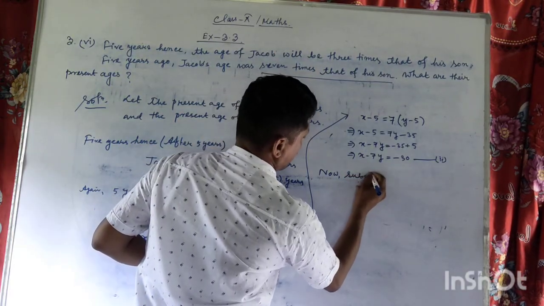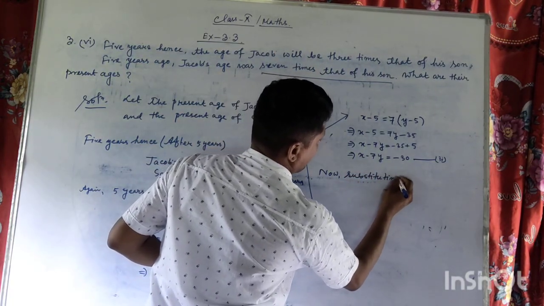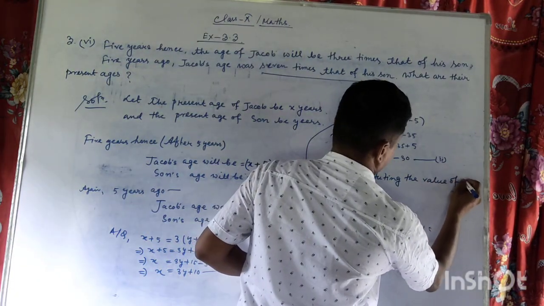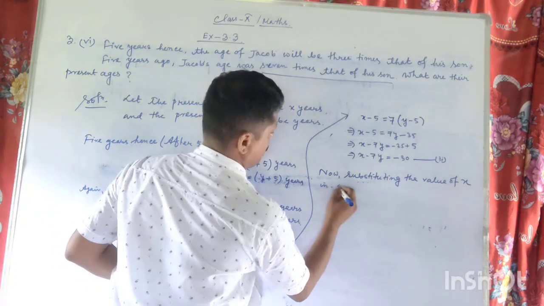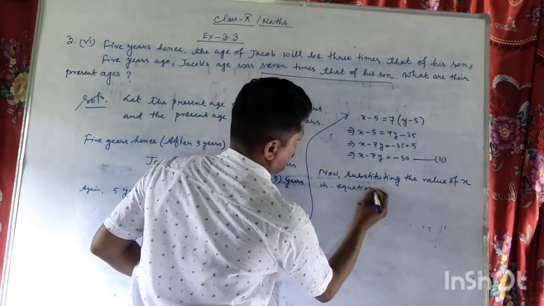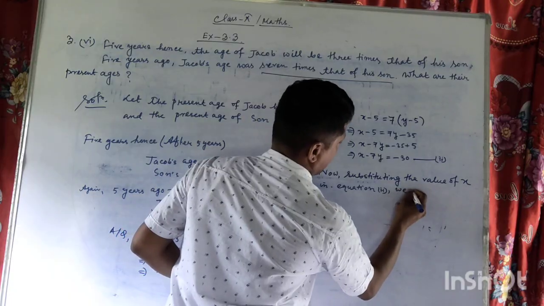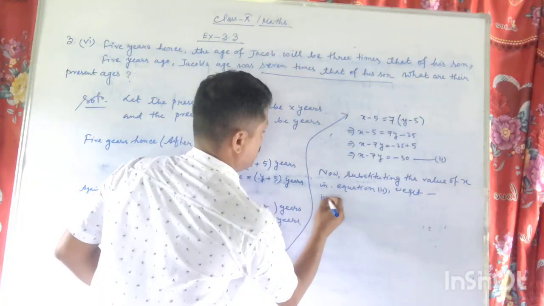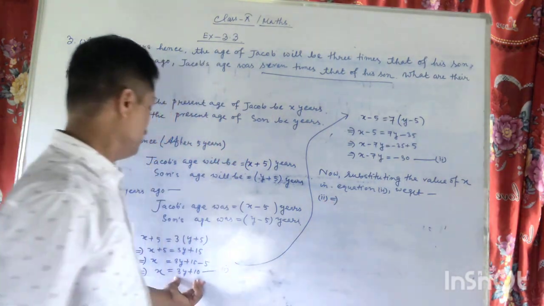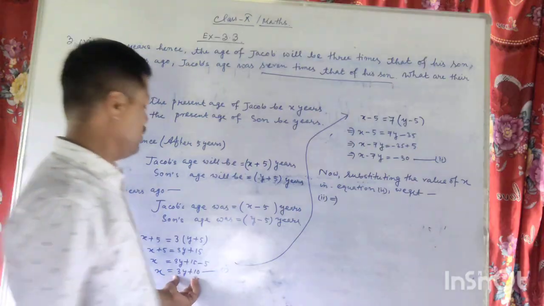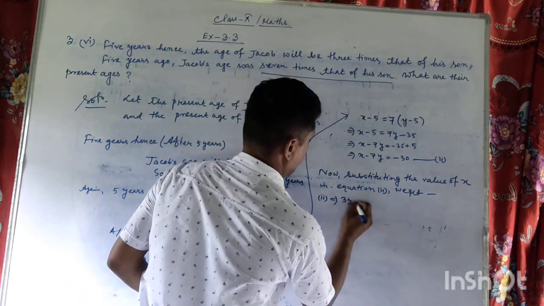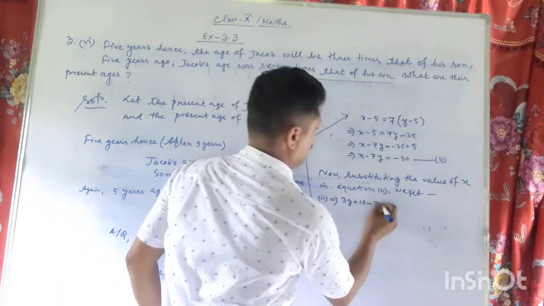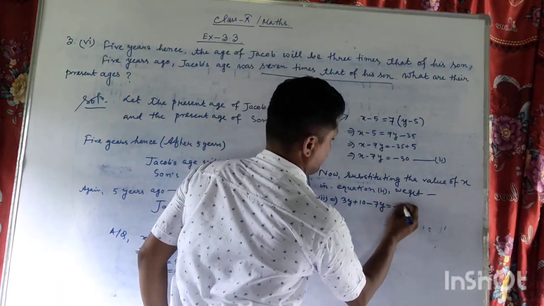Now substituting the value of x in equation 2, we get, the x value is 3y plus 10. 3y plus 10 we have to write, and minus 7y we have to write here, is equal to minus 30.